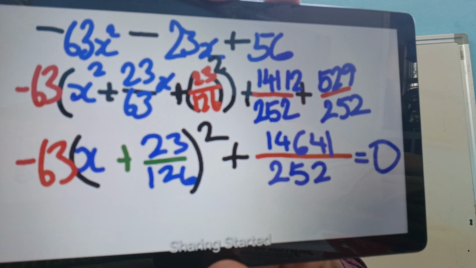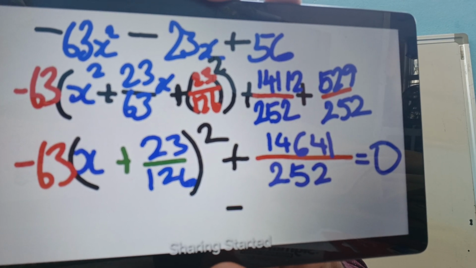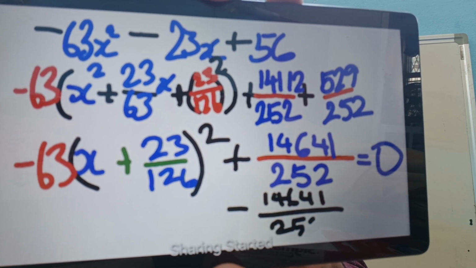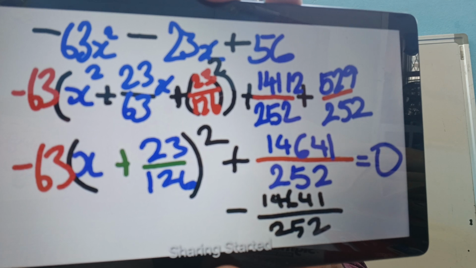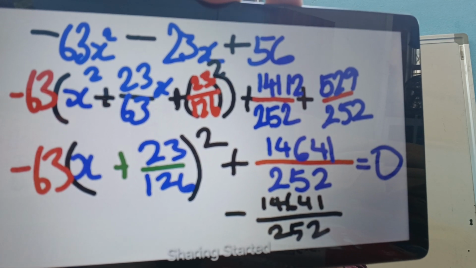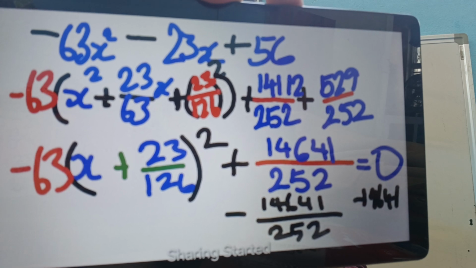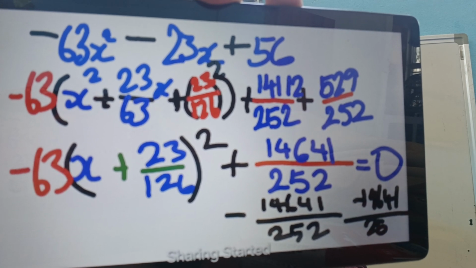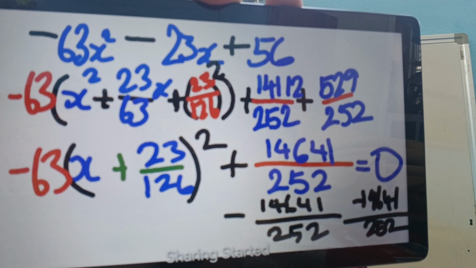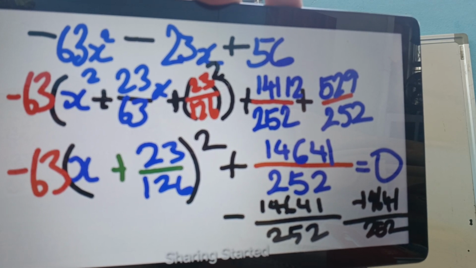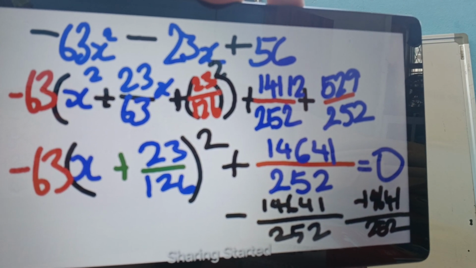What's actually going on is this. We're going to minus 14,641 over 252 from the left side, as well as from the 0 as well, right? So in other words, we're going to have 14,641 over 252 minus itself.